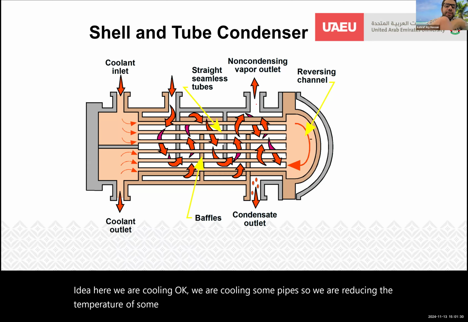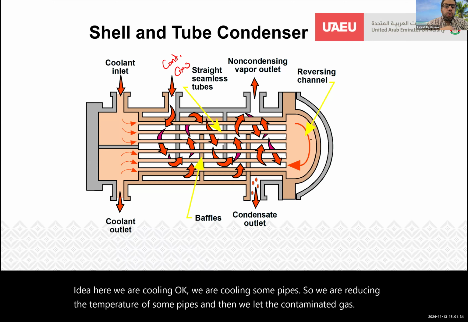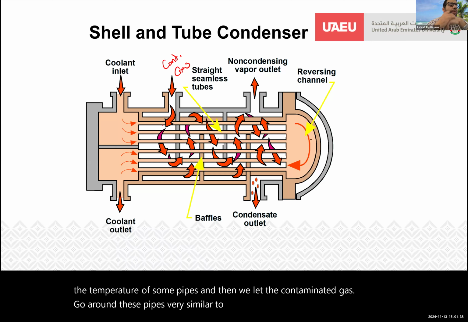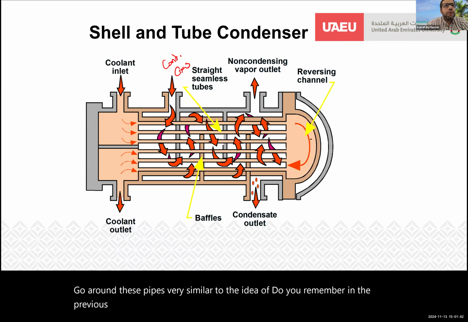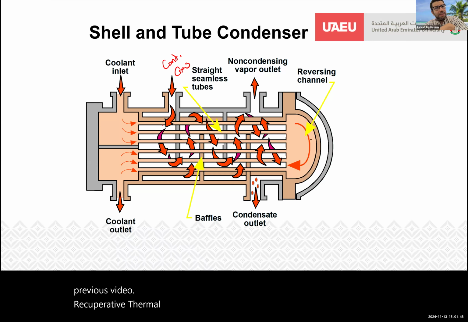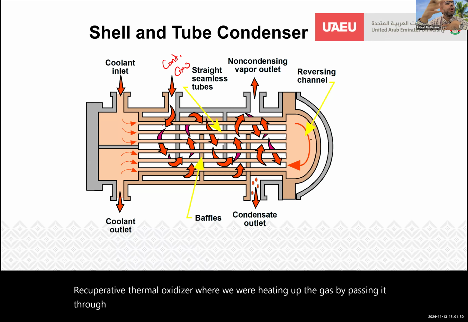And then we let the contaminated gas go around these pipes. Very similar to the idea of, do you remember in the previous video, recuperative thermal oxidizer, where we were heating up the gas by passing it through hot tubes. Now we are cooling down the gas by passing it through cool tubes.